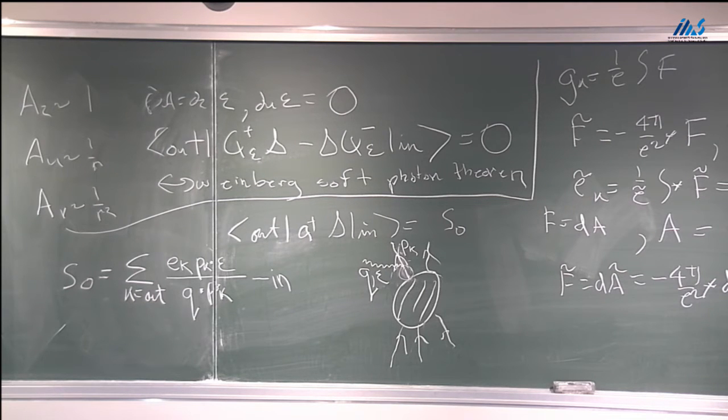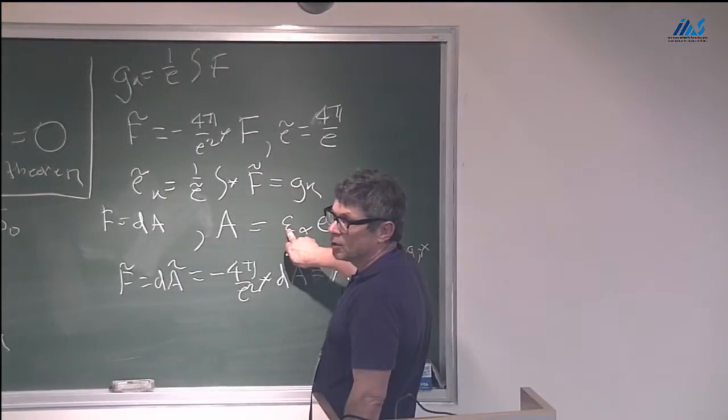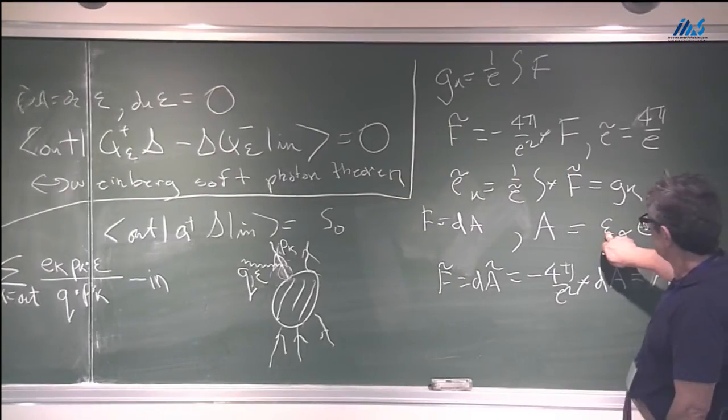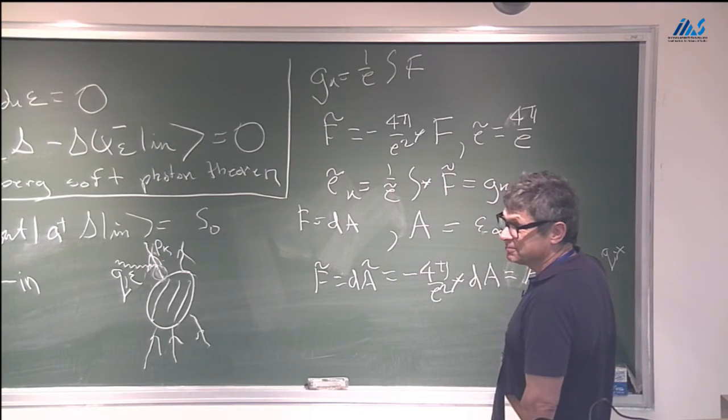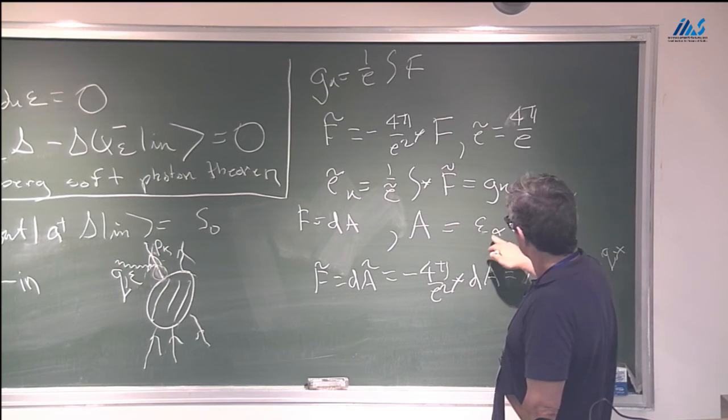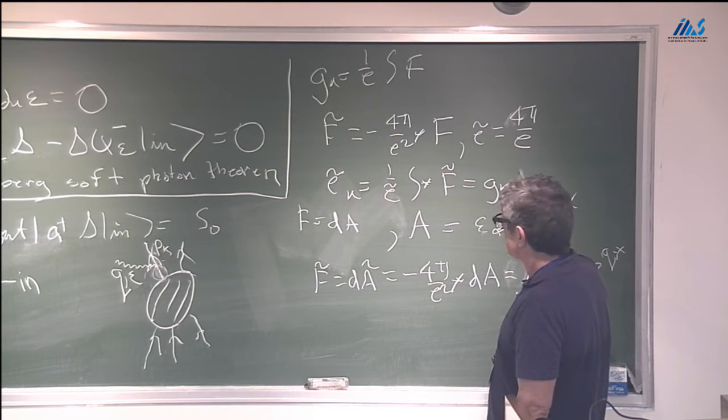Okay, so this formula determines epsilon only up to a multiple of q. Once you know F, given the momentum, you know A is something like this, only up to a multiple of q.